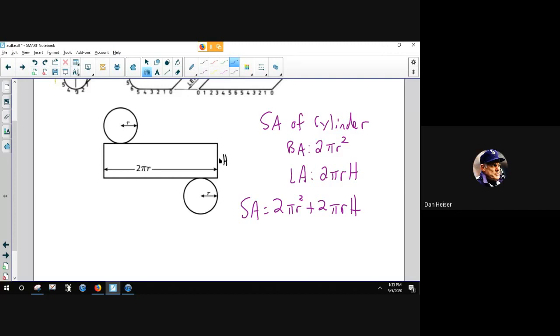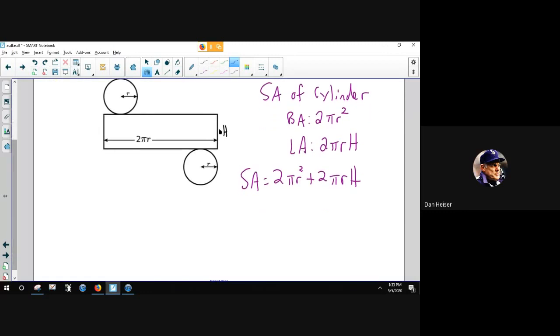There is an alternative formula to this. Another formula that is acceptable is if you divide out 2 pi r from there, you are left with, in the first term, an r, and in the second term, the height.